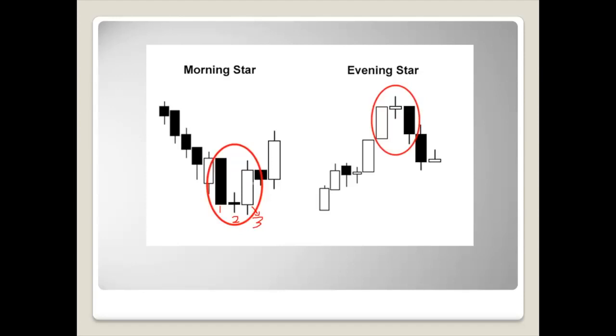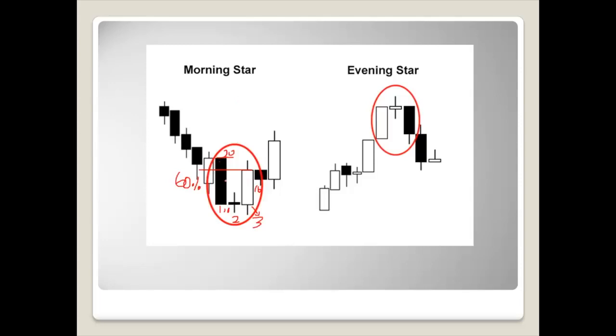To confirm it, the third candle has to be a minimum of 60 percent of the first candle. How much? 60 percent. Now consider this candle from the top. Let's say this is 20 points and it has come all the way to 10. This third candle has to retrace 60 percent, so it has to be around 16 in order to say this is a proper valid morning star. Getting it?